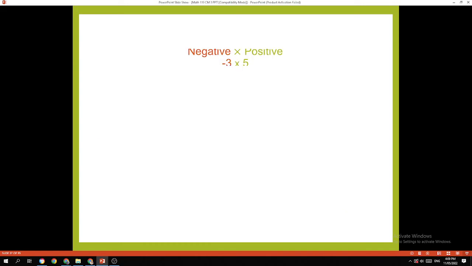If I have negative times positive, this is the concept: the opposite of 3 groups of 5. Whenever the negative comes first, you use the opposite of 3 groups of 5. So start with 5. I'll have 5 positive counters. Then the action, 3 groups.